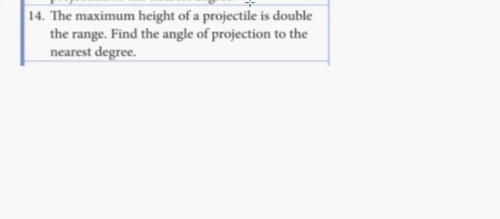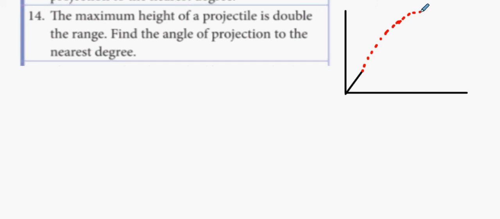Alright, we start off a generic throw with speed u and angle theta. So your throw starts there. It's quite a high throw because it's double its range. Not drawn to scale, by the way, okay? The height should be double the range. Okay, so I haven't drawn that to scale.